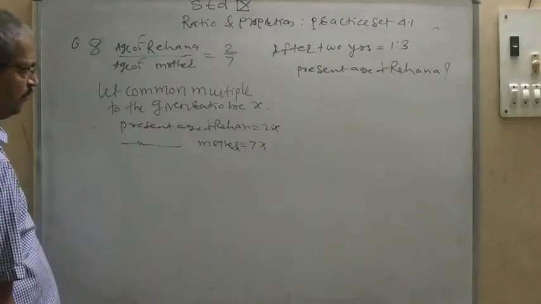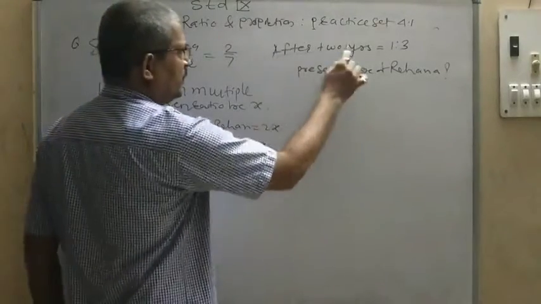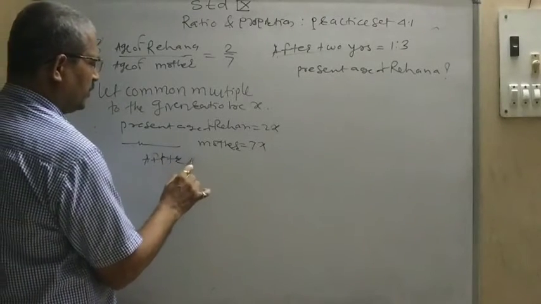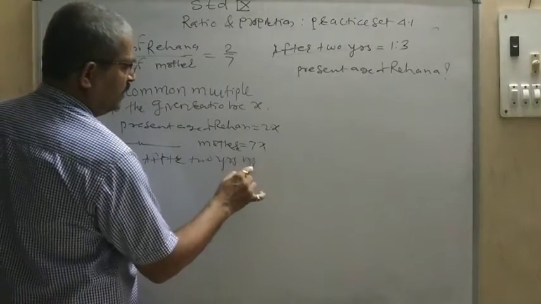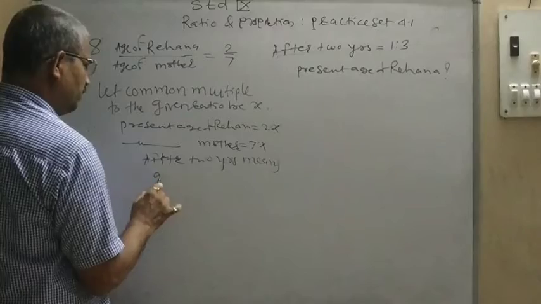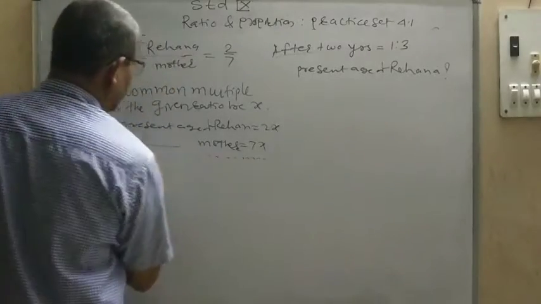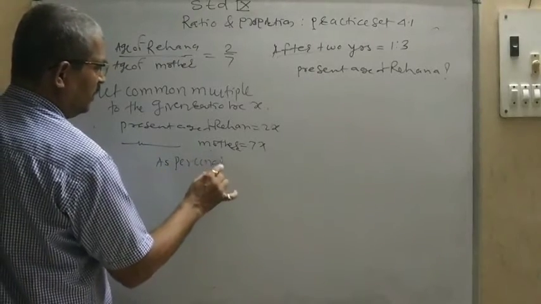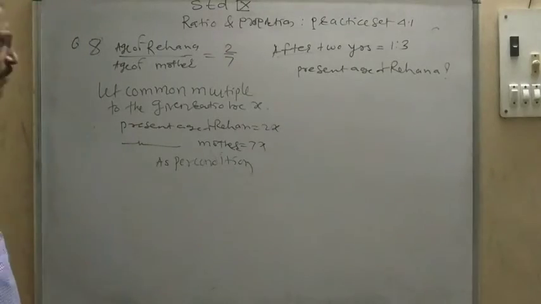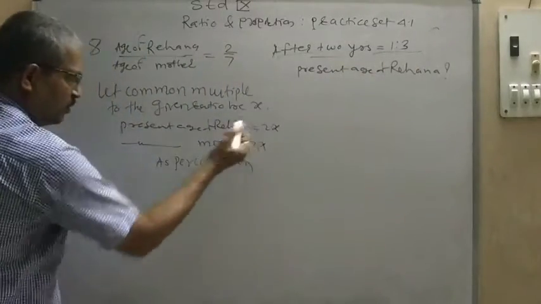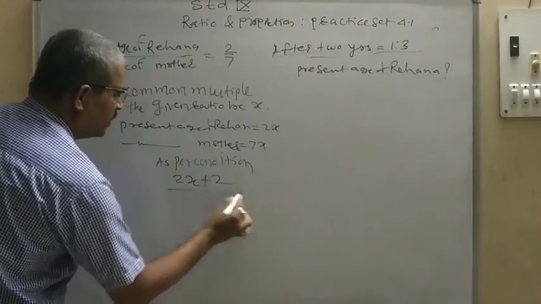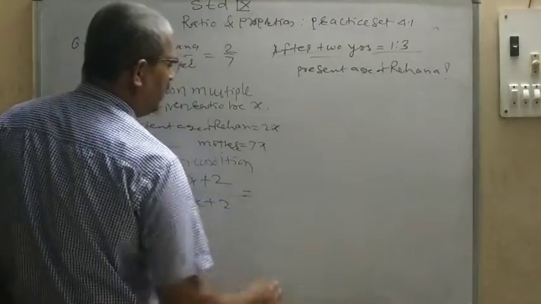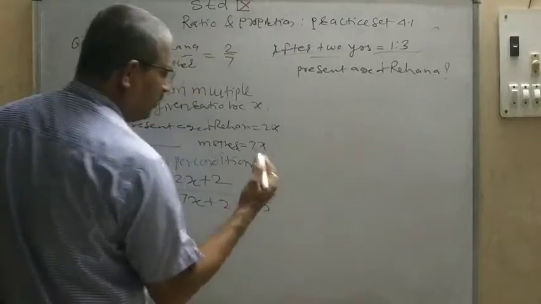After 2 years, as per condition, no need to write all this, directly we can take it as per condition. After 2 years the ratio is given, so present age is 2x, add 2 years to it, present age of her mother is 7x, add 2 years to it, and then take 1/3.